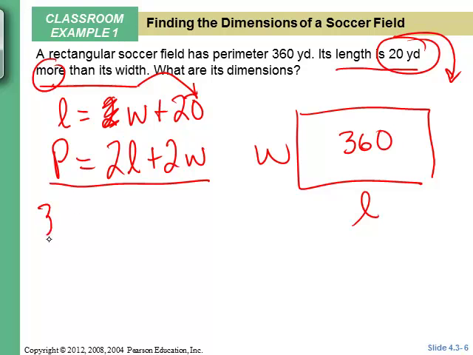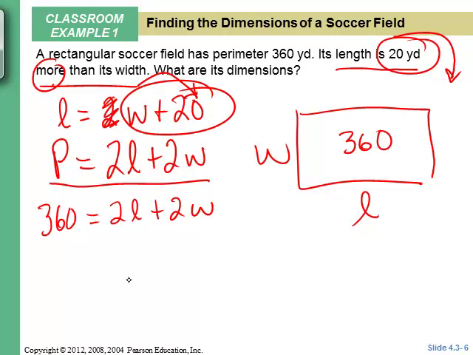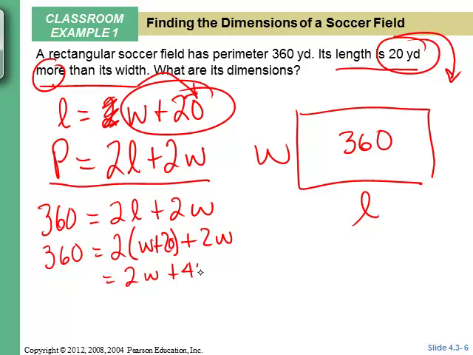So the perimeter is 360 equals twice the length plus twice the width. And then instead of writing length, we're going to write W plus 20. 360 is 2 parentheses, W plus 20, plus 2W. And so we get 2W plus 40 plus 2W.